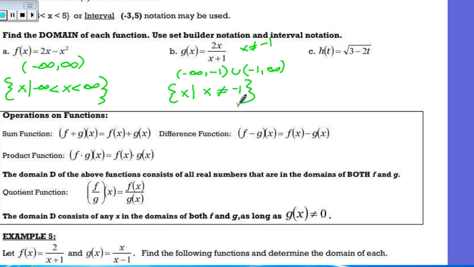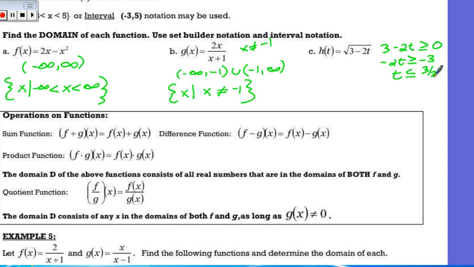Our last problem here, C, is a radical. So the radicand, the stuff underneath the radical sign, cannot be less than 0. So 3 minus 2t has to be greater than or equal to 0. We do want to put the 'or equal to' because we can take the square root of 0. Solving here, we get negative 2t is greater than or equal to negative 3, and t is less than or equal to 3/2, flipping that inequality sign when dividing by a negative.